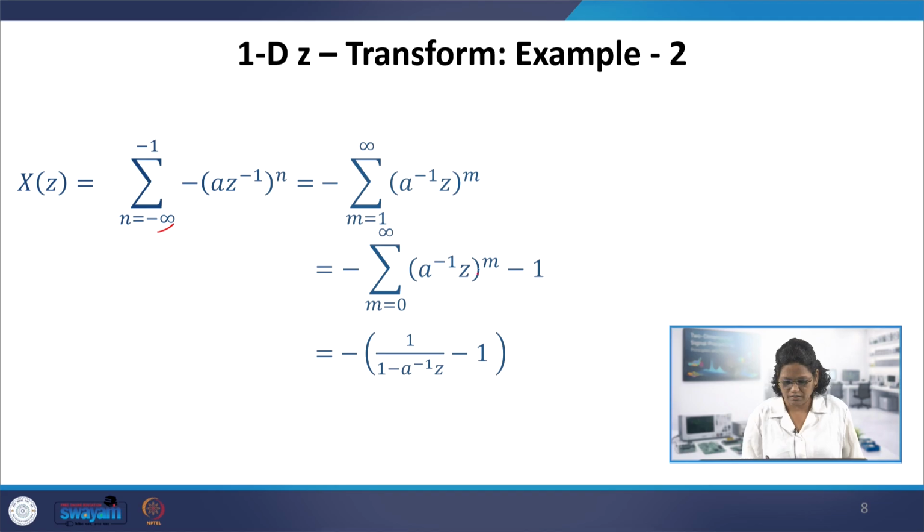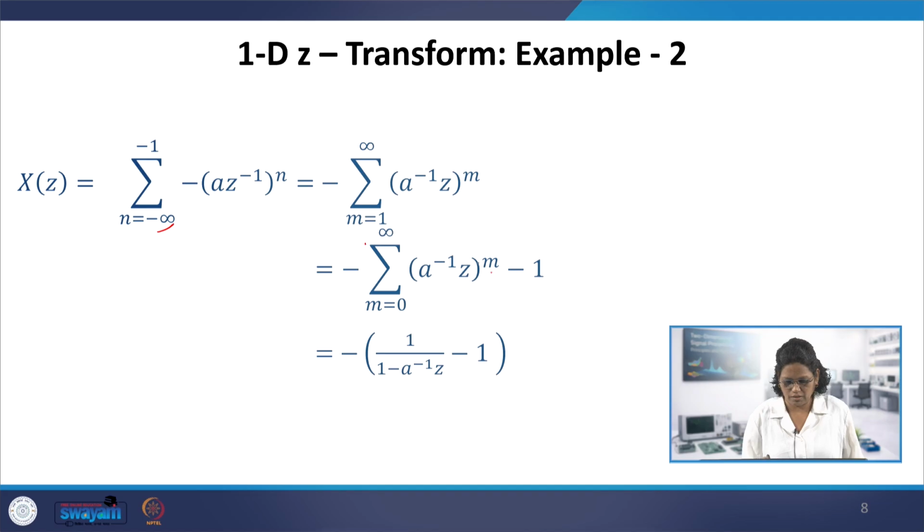The minus sign stays outside, and m varies from 0 to infinity. We make the same summation from 0 to infinity instead of 1 to infinity, so the 0 component needs to be subtracted, because we need only the summation between 1 to infinity. When m equals 0, the whole term becomes 1, which needs to be subtracted from the whole sum.